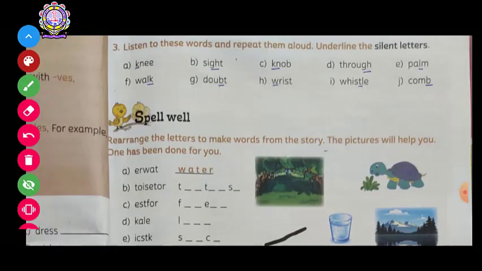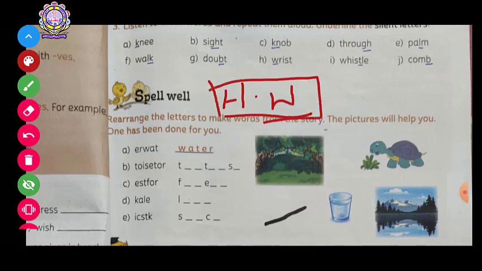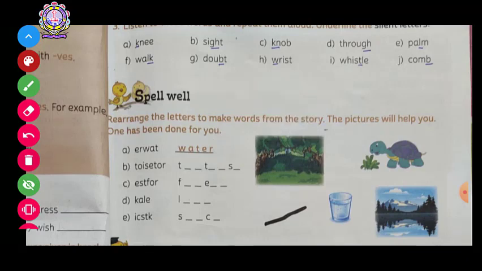Now next, what is it? It's very easy. This is your homework. Write down in your notebook or copy and please send this to me on my WhatsApp number.